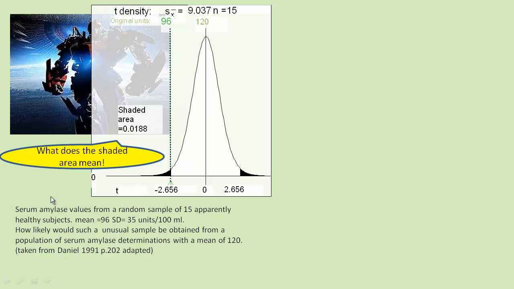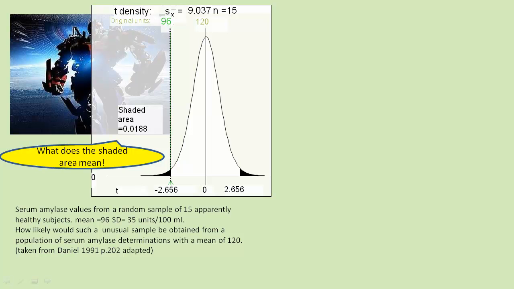So just as we did with exam scores and the diastolic blood pressure recordings taken in Glasgow, we can work out the probability of obtaining an observed mean or one more extreme for this specific sample size by calculating the area under the curve to the left of the t-value of minus 2.6 or to the right of plus 2.6.